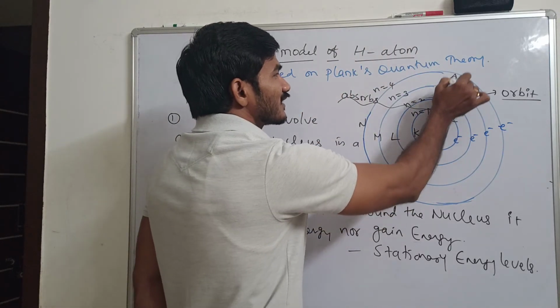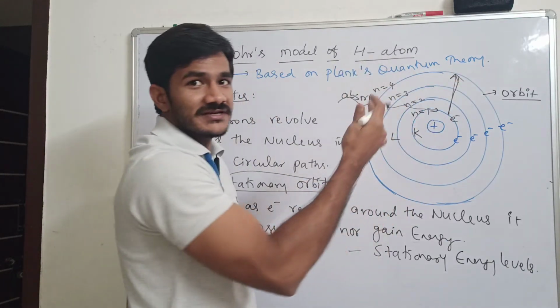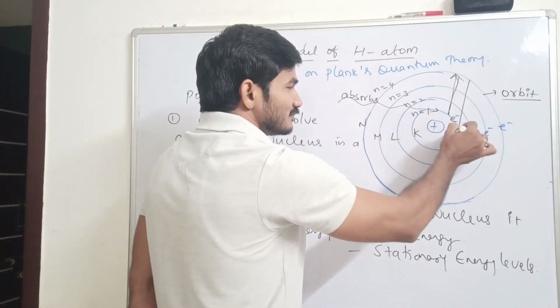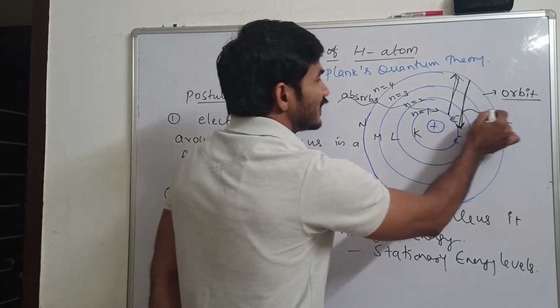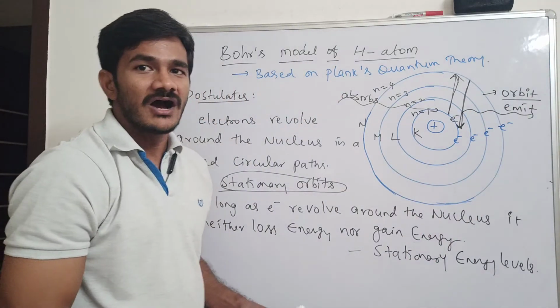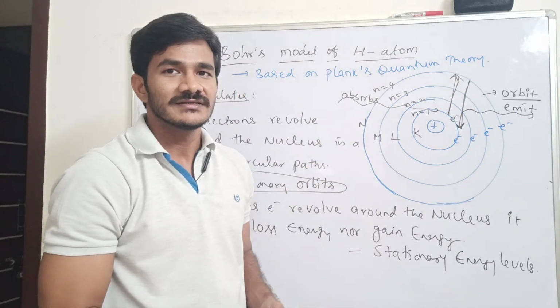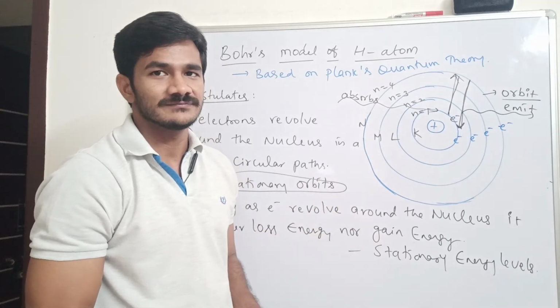After reaching the higher energy level, the electron becomes more energetic and less stable, so it comes back to the ground level again. While coming from the higher level to the ground level, it emits energy. How much energy is emitted or absorbed depends on how much energy we supply to the electron.